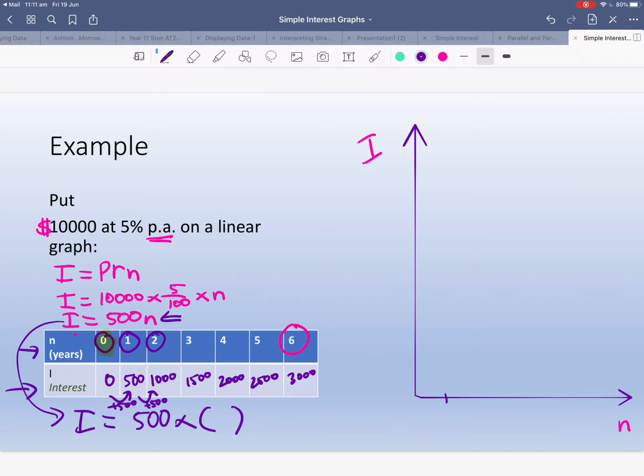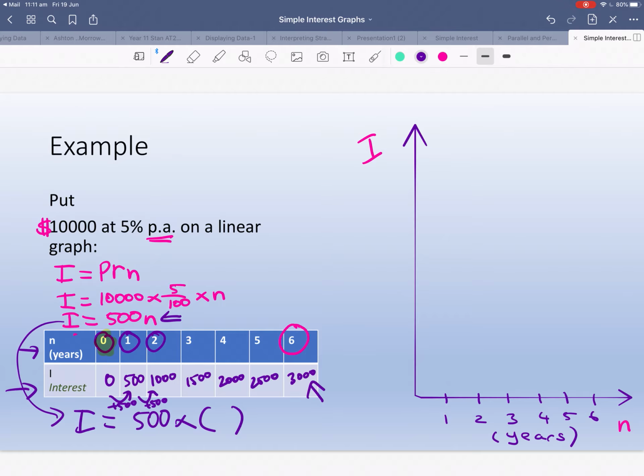So I'm going to go 1, 2, 3. Try to keep it the same distance. 3, 4, 5, 6. If you have grid paper, it will be perfect. So this is the number of years. So I need to make it known. You always have to label your graphs. And on the interest, I'm going to go all the way up to 3,000.